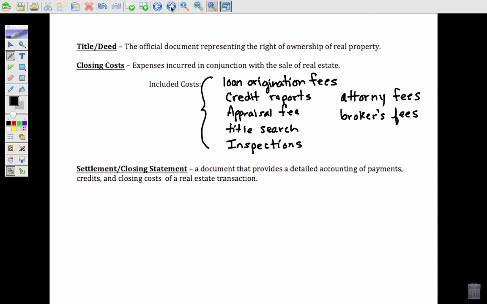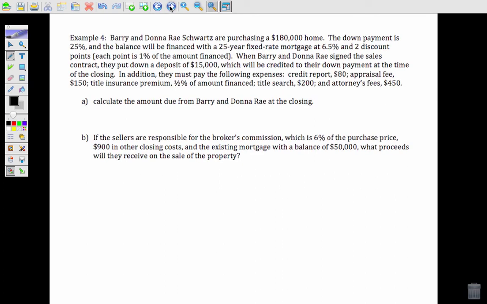All right, so what we're going to do is look at how we can figure these costs. Most of the time you're going to be given certain percentages, and we'll work this problem out here. Example 4. Barry and Donna Schwartz are purchasing a $180,000 home.